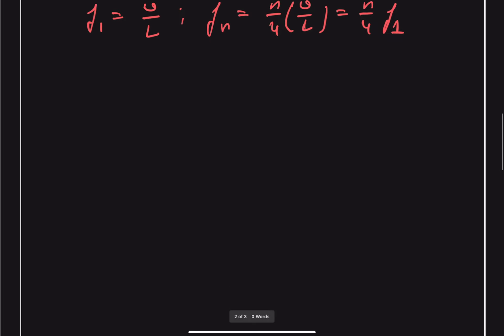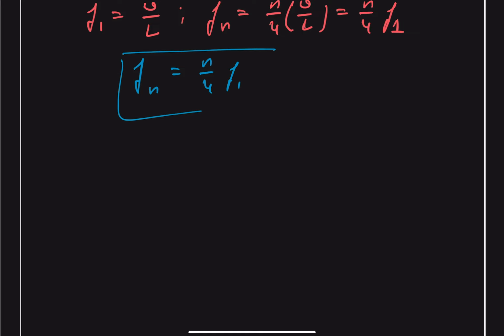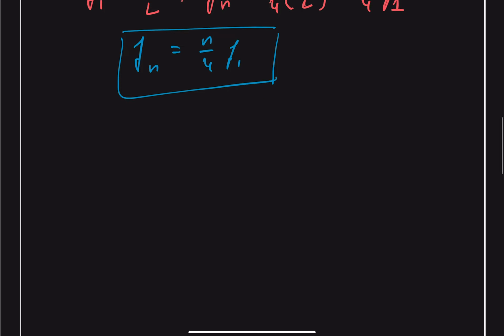So we get the relationship between the nth harmonic and f1: Fn is equal to n upon 4 f1. Now let us analyze the options one by one.